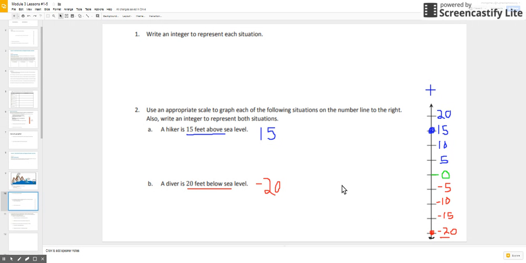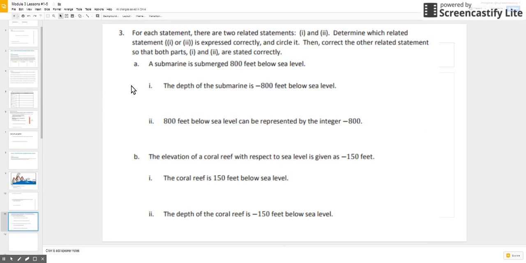All right, if you look down at the bottom part, 3, A and B, I want you to try this on your own. So what this says to do is for each statement, there are 2 related situations. So there's 2 things going on. Determine which related situation, I or double I, is expressed correctly and circle it. So one of these for A is correct, and same thing for B. One of these for B is correct.